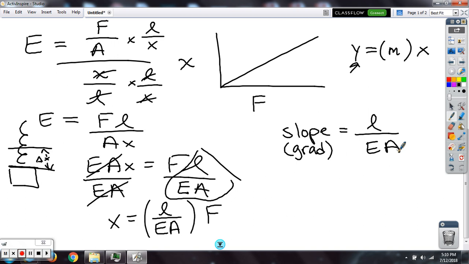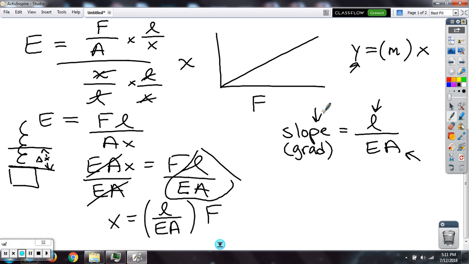Now, if you were interested in determining with this information what the value of E is, so assuming you know what the length is, you know A, which is the surface area of the object that's being stretched, we're looking at its elastic properties, and you know what the slope of this graph is, you can rearrange this to find E, which is easy.